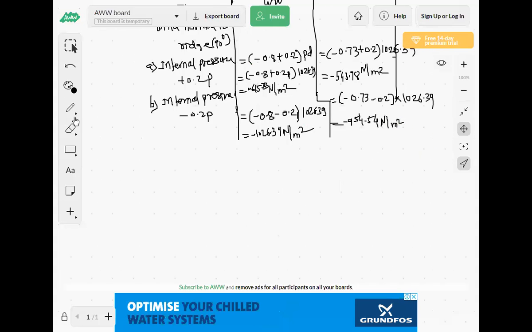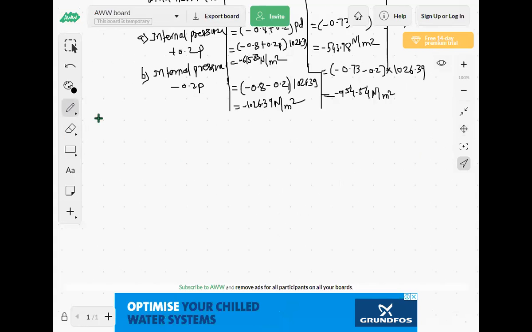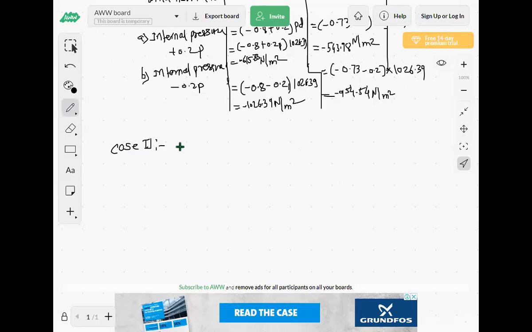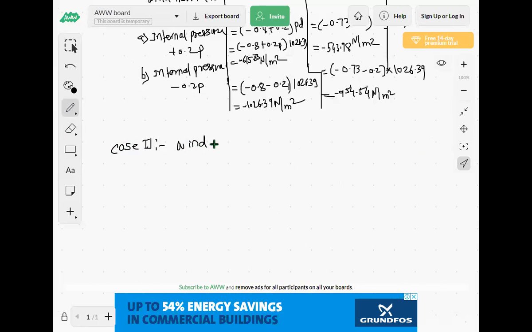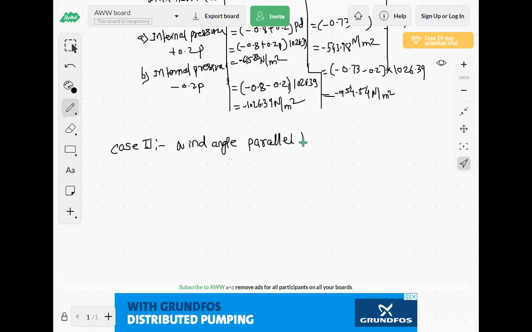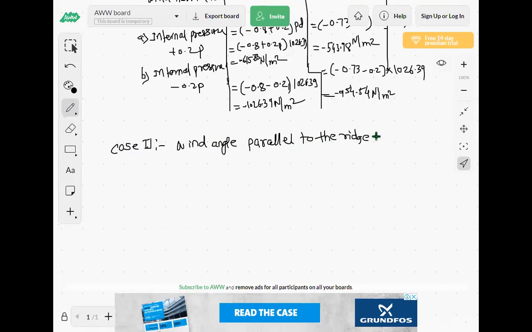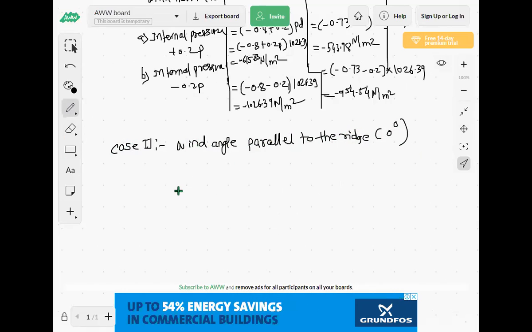So what is case 2? Case 2 is wind parallel to the ridge. It means 0 degree. Wind parallel to the ridge.